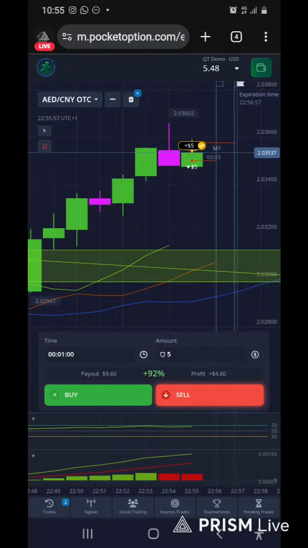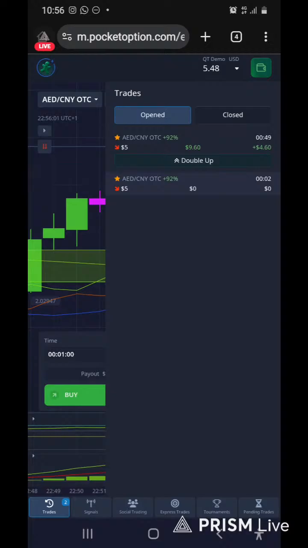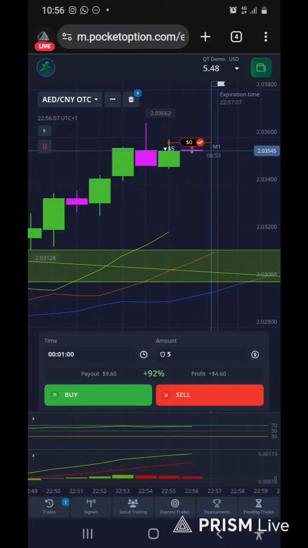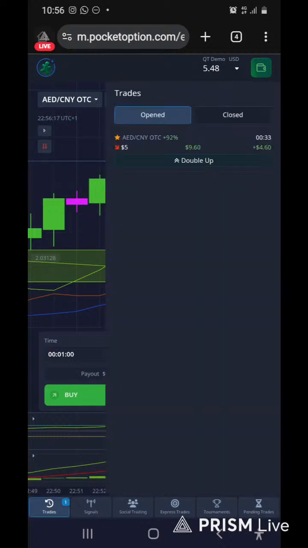Okay. My first trade ended neutral, I didn't win it nor lose it. I lost the second one. I'm hoping to win this third one because I know it will come down. If I win this trade, at least I'll be back up.